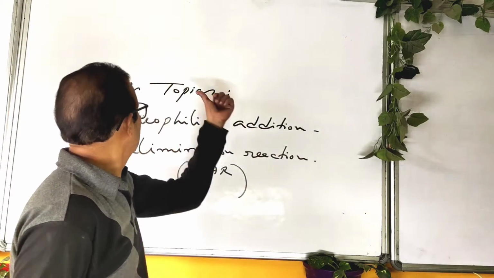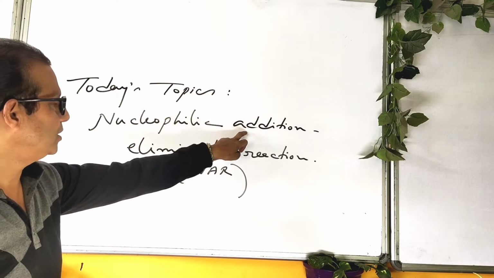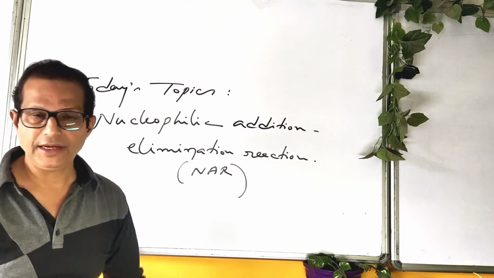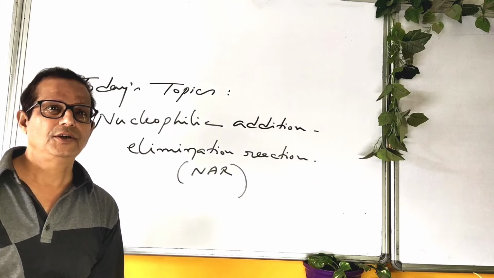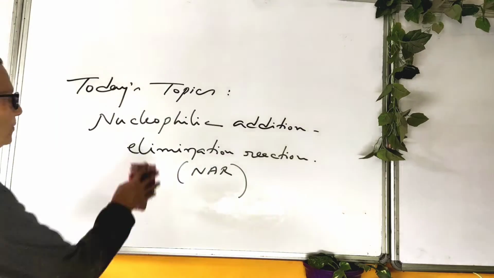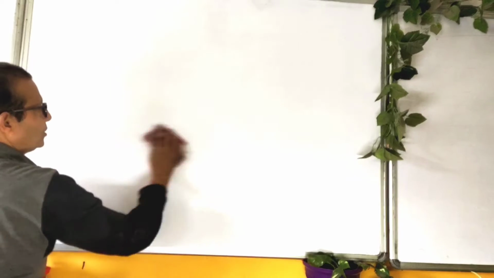So today's topic is nucleophilic addition elimination reaction. Simply it is called nucleophilic addition reactions. Do you know what nucleophilic addition reactions are? Listen now. Aldehydes and ketones together are called carbonyl compounds.